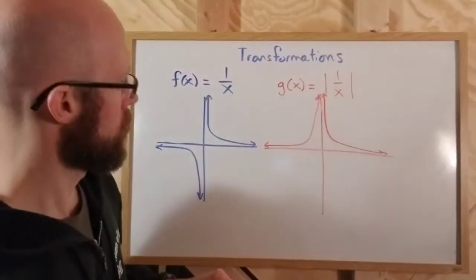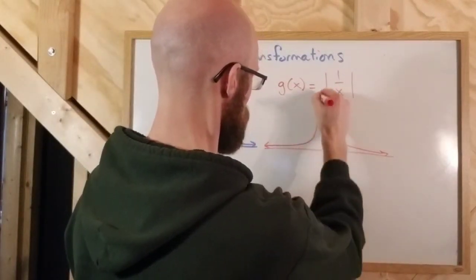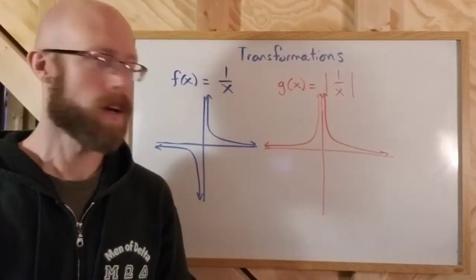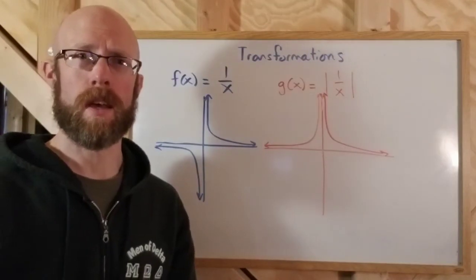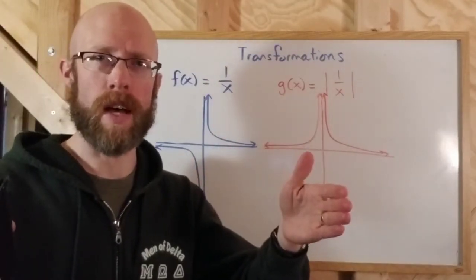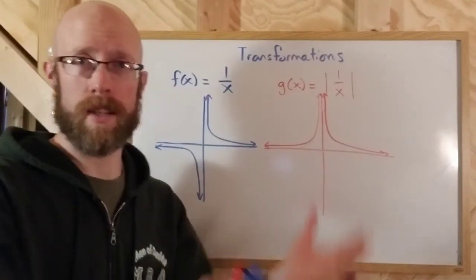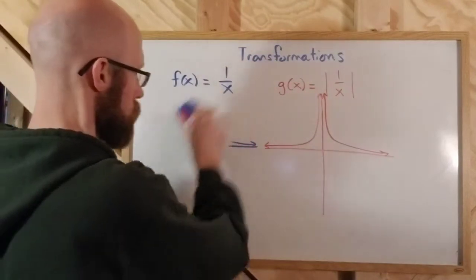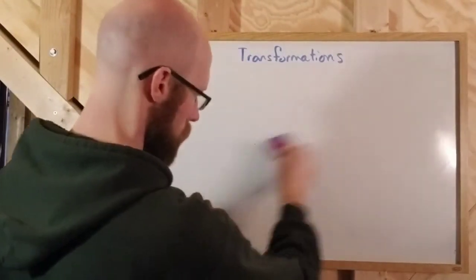Okay, it doesn't look real good there, but hopefully you get the idea. So it flips everything above the x-axis. In fact, no matter what the function is, if you put absolute values around it, then everything from below the x-axis reflects above the x-axis. In fact, I could just draw some random function or some random graph.